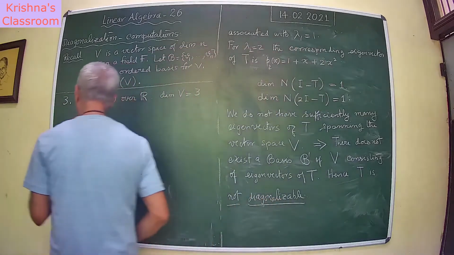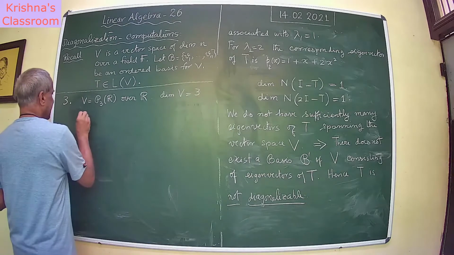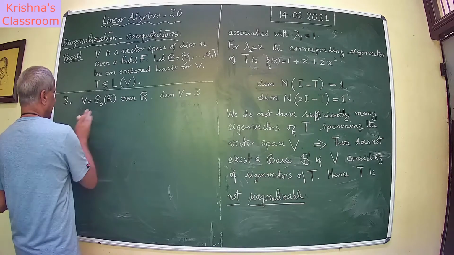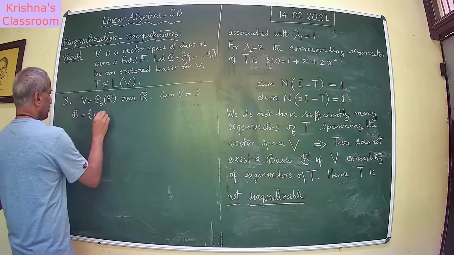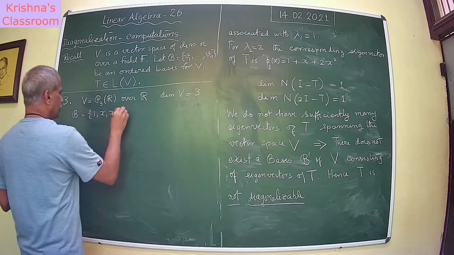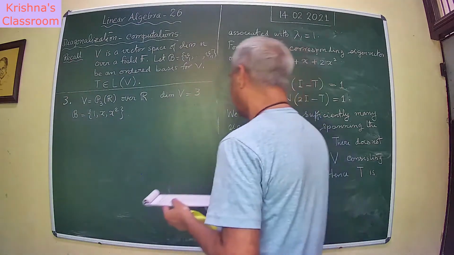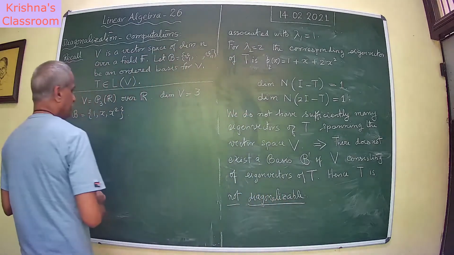Now let me take, that is almost a simple choice that you make for computations. And then what you have is this.